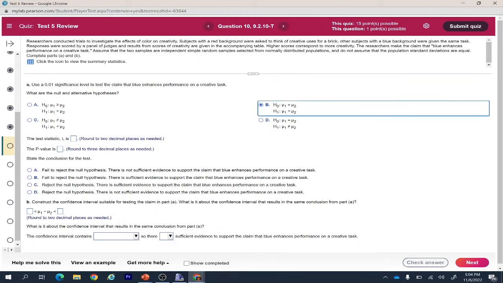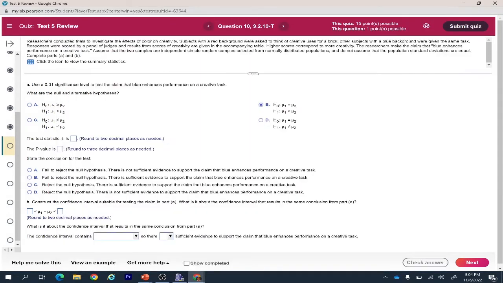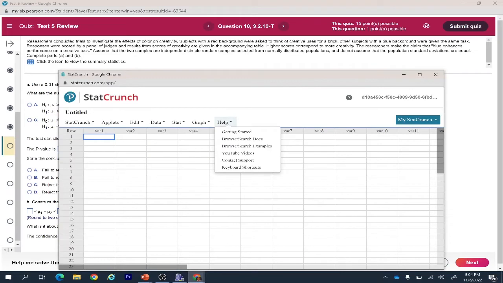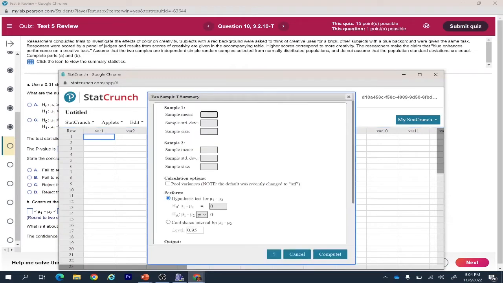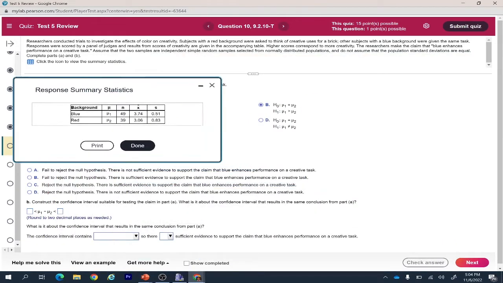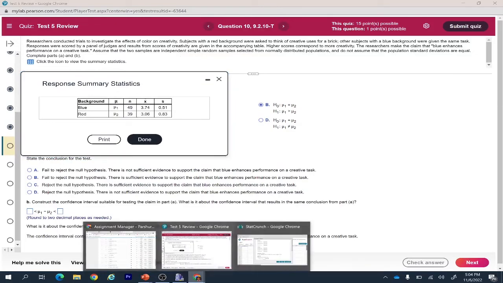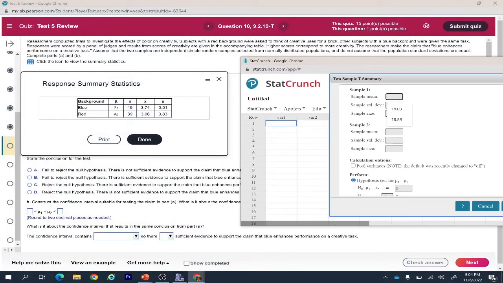How do you find the t statistic? Go to StatCrunch and do the same thing we did for the previous problem. Go to Stat, T-test, 2 sample with summary, and put in the information given here. For the first sample, the sample mean is 3.74, the sample standard deviation is 0.51, and the sample size is 49.